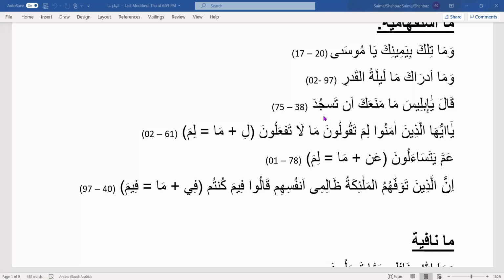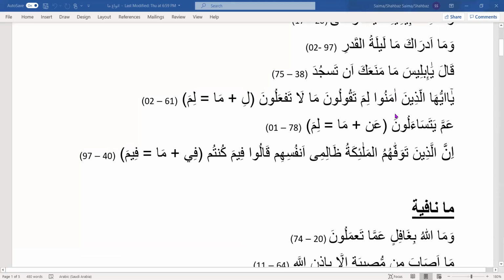Good. So again, this is a ma that Allah subhanahu wa ta'ala used in this ayah to ask Iblis a question, because he was asked to prostrate and he didn't. So Allah asked, why? What forbade you? Why didn't you do it? So this is another example of ma istifhamiyah.